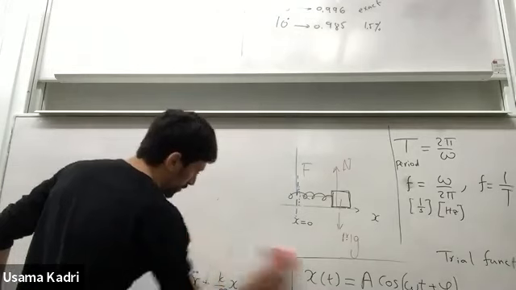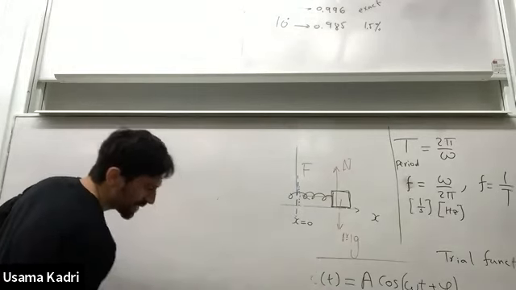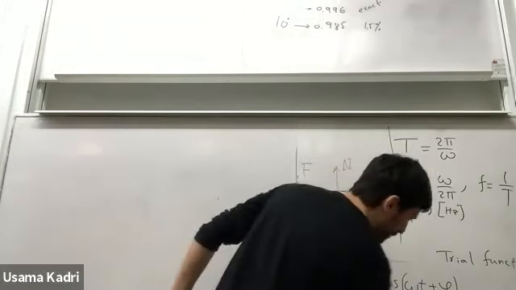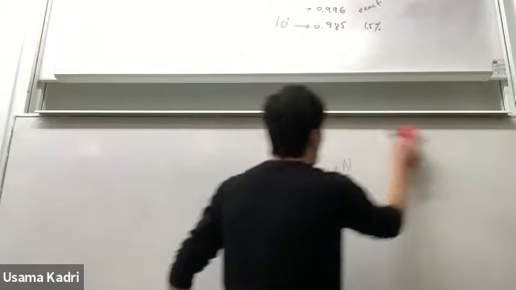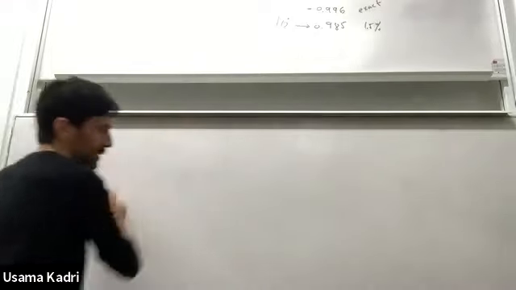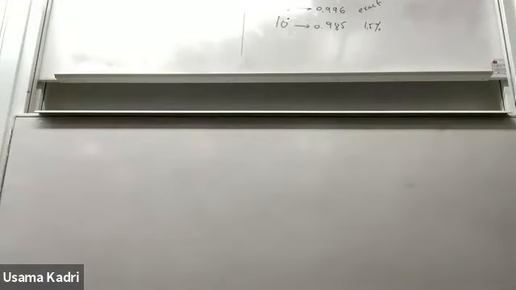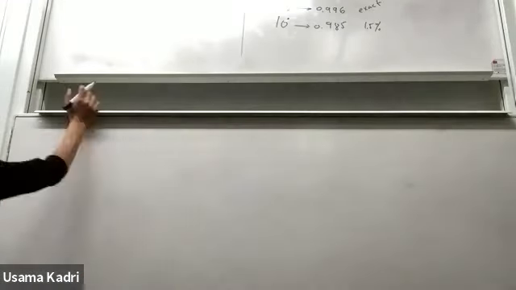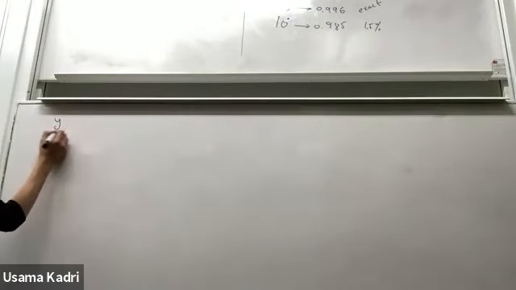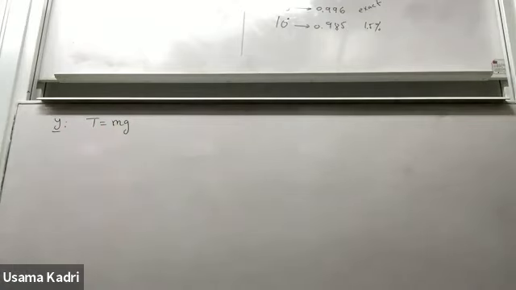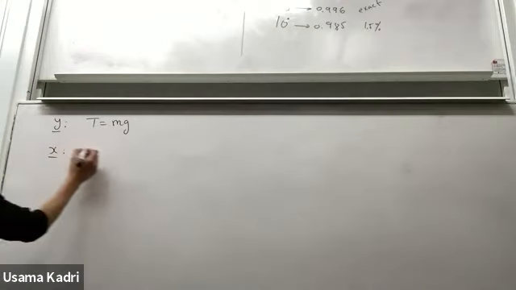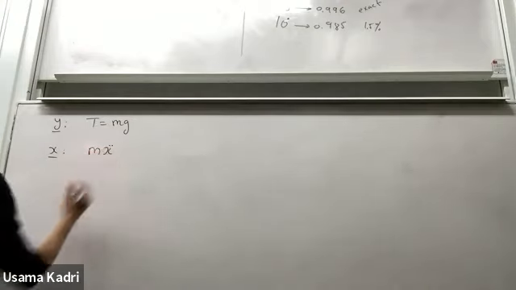So basically we have now one differential equation really. The other equation is just telling me that T is equal to mg. Okay, so from y, we know that T equals mg. And in the x direction, let's write it down, m x double dot.